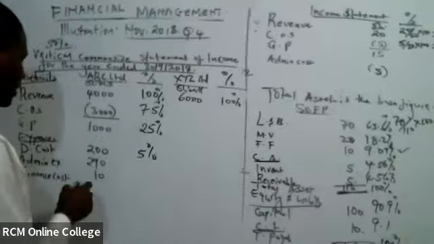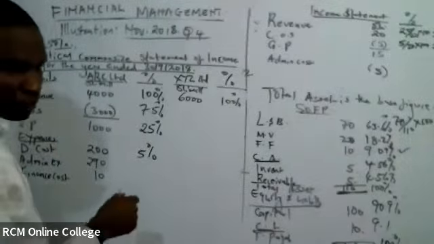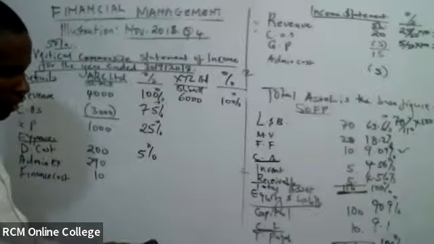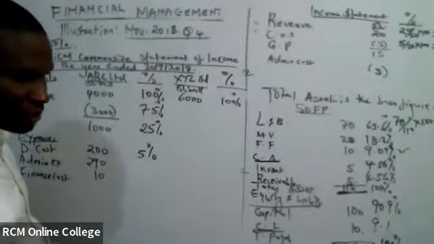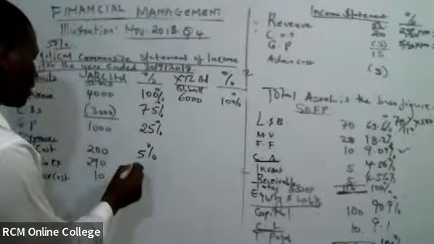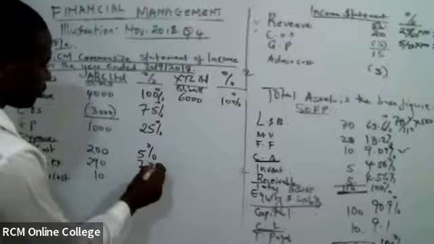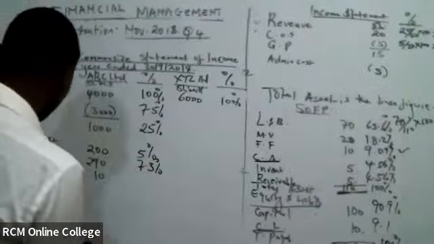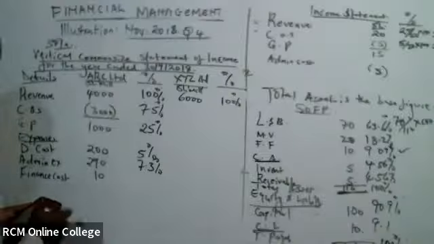And then we move to the next one, 290, which is 7.3%. One decimal point is fine. 7.3%.